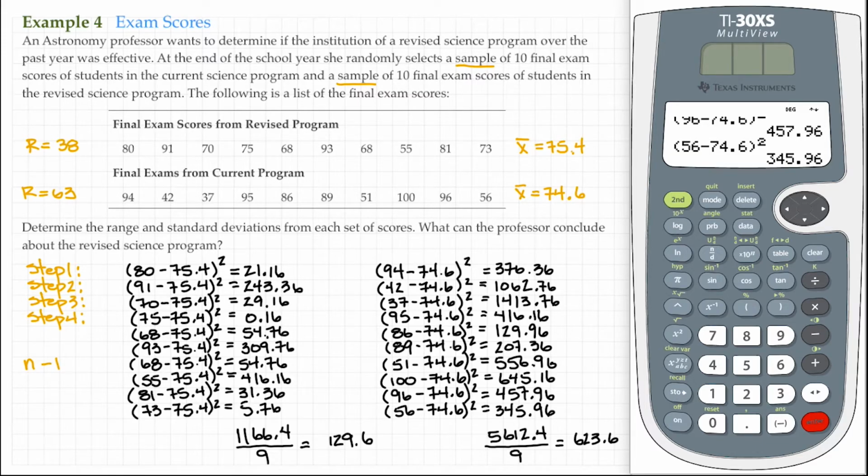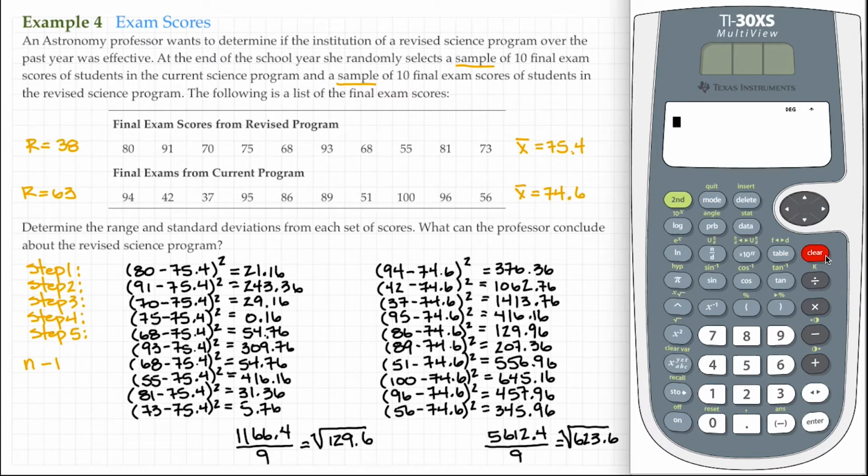Then our final step, step 5, is we take the square root of each one. So I'm going to take the square root of this data value, and the square root of this data value.